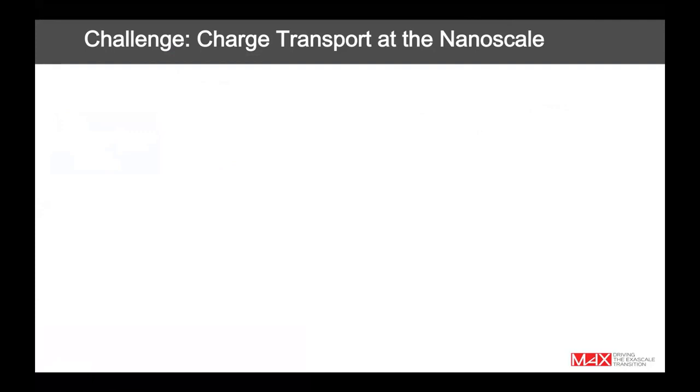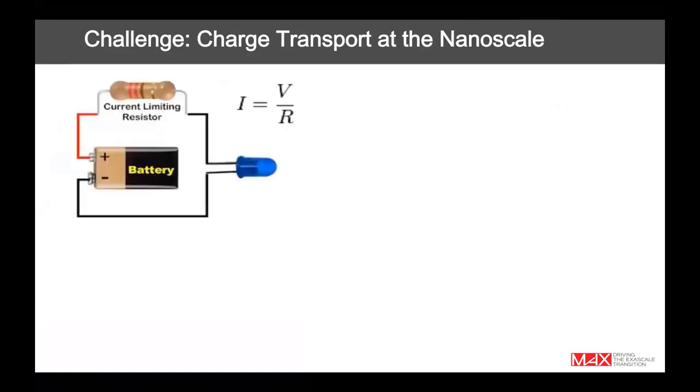And the basics is the challenge we want to do is to compute charge transport in nanoscale devices, nanoscale systems, very much the same way that we are able to compute very easily and very traditionally the charge transport in electronic devices in the macro scale, like a resistor. We have Ohm's law that tells us how to compute the current from the voltage and the resistance.